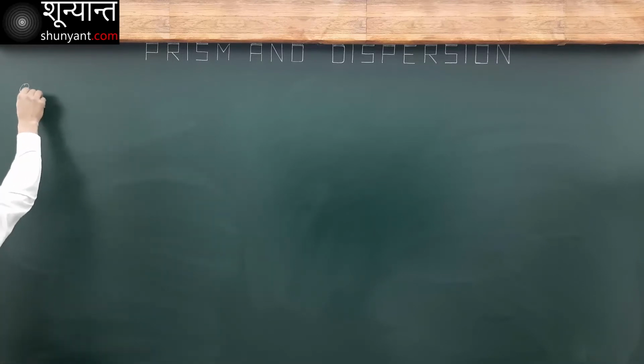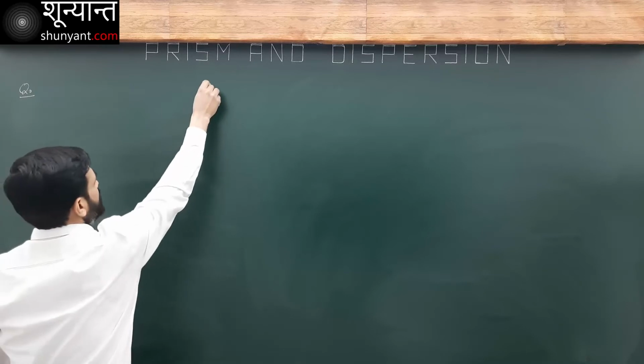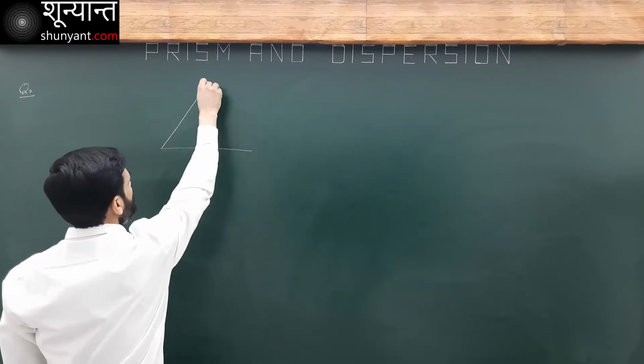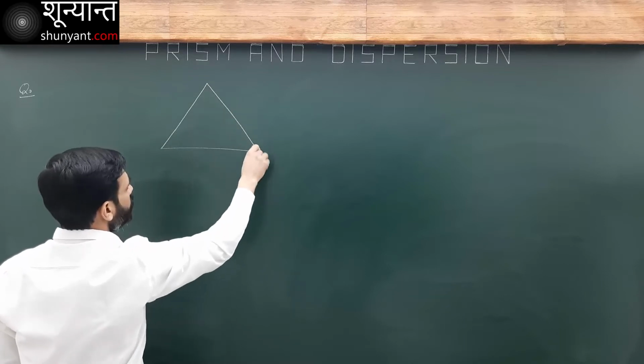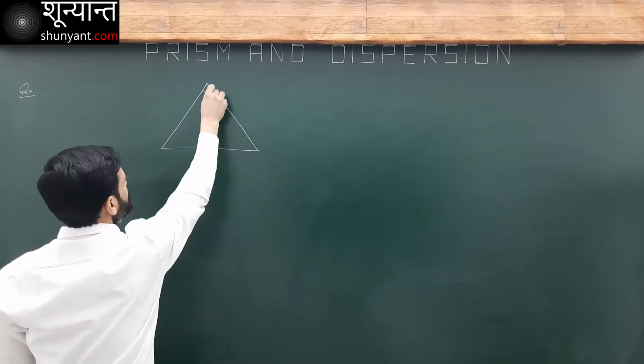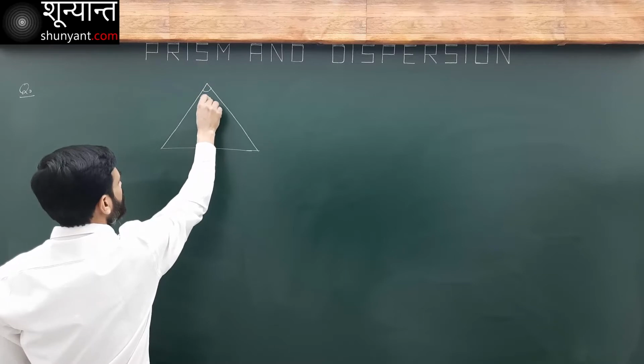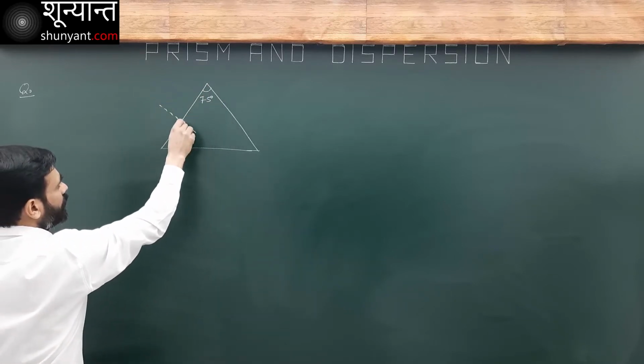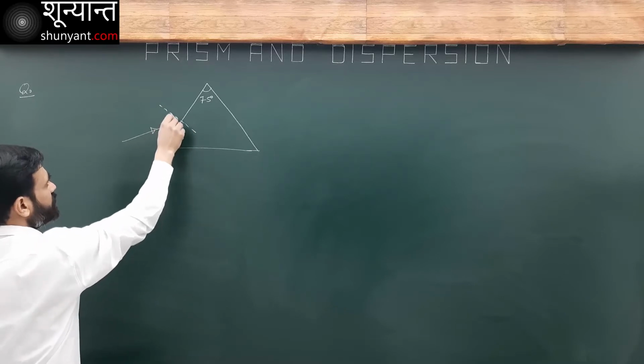Let's start with some problems. First question is like this. I have this prism. This angle is 75 degree, and I have this incident light.